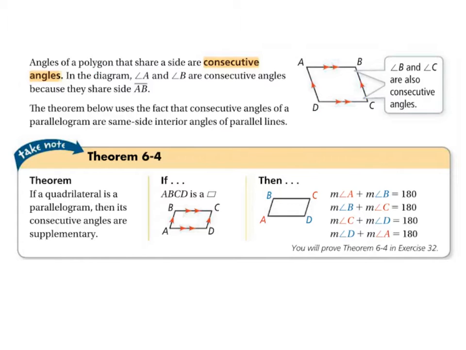They are supplementary, okay? So if a quadrilateral is a parallelogram, then its consecutive angles are supplementary. Therefore, the measure of angle A plus the measure of angle B equals 180. The measure of angle B plus the measure of angle C equals 180, all the way around. C and D sum to 180, D and A sum to 180.